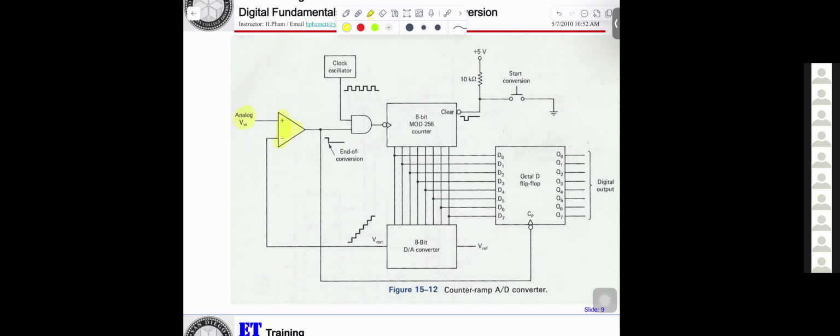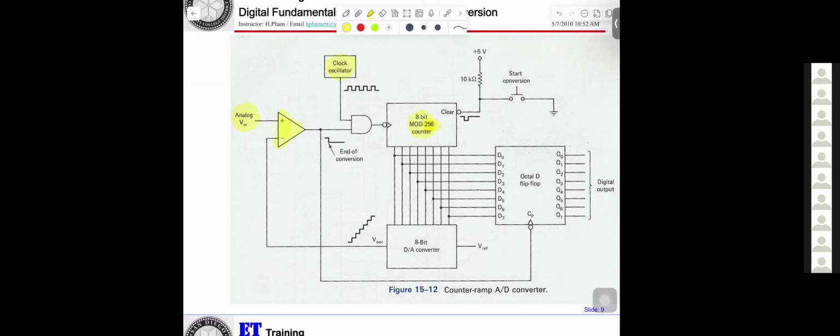That is the analog input, for example, 5 volt, 6 volt, 3 volt, analog voltage. When they go in here, this is a clock oscillator. Try to get the counter.